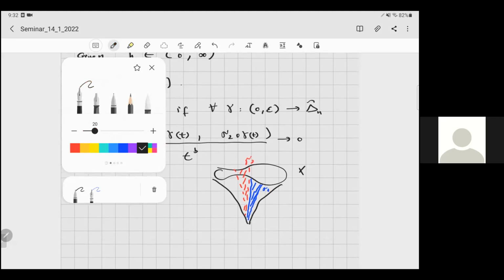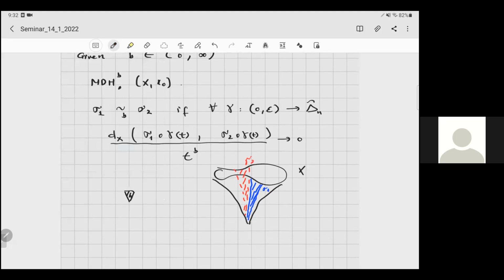Then similarly, we get the notion of the b immediate relation, and the notion of z1 equivalent b to z2.